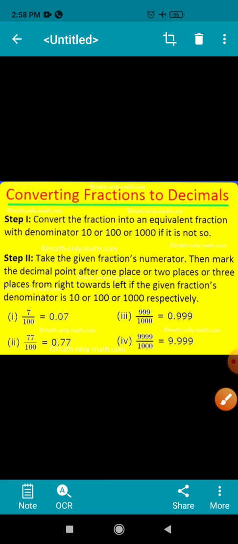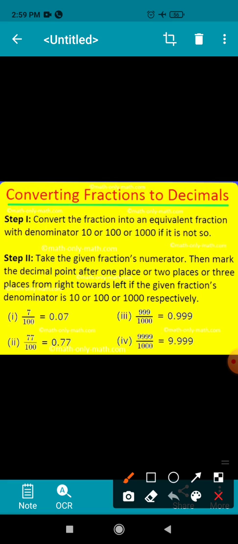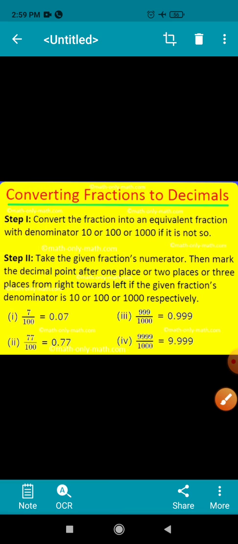But if the denominator is not 10, 100 or 1000, then what you will do? So for that, children, you will first convert the fraction in equivalent fraction with denominator 10, 100 or 1000. Here, for example, 2 by 5.